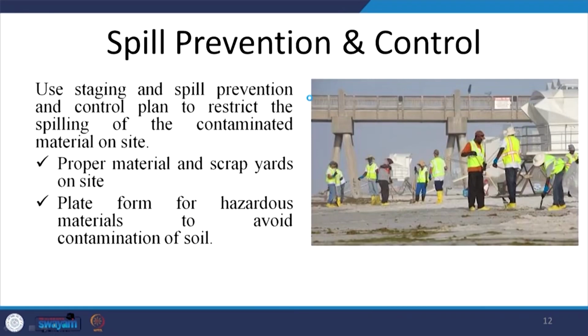The next aspect would be spill prevention and control. Often the construction material which is used on site is spilled over almost everywhere on the site. For example, say we are using bricks, very simple, a very common building material in our country.